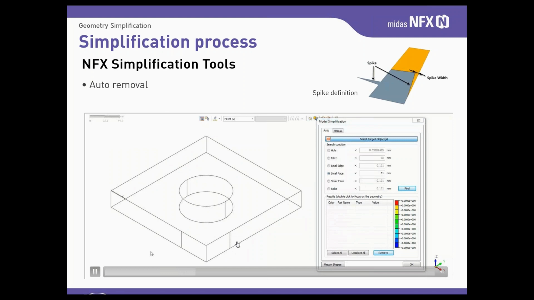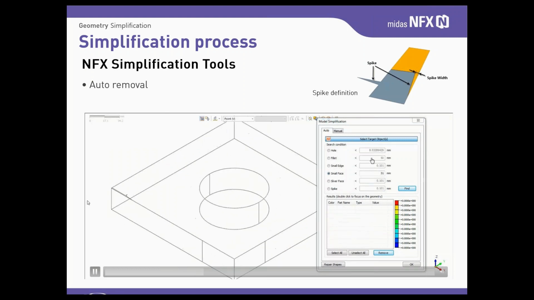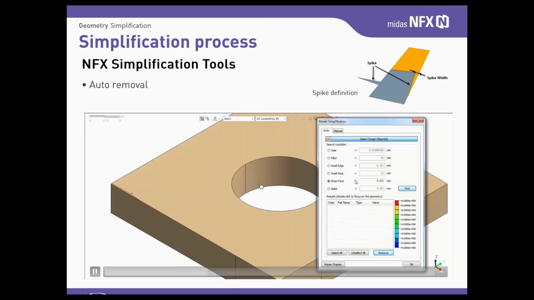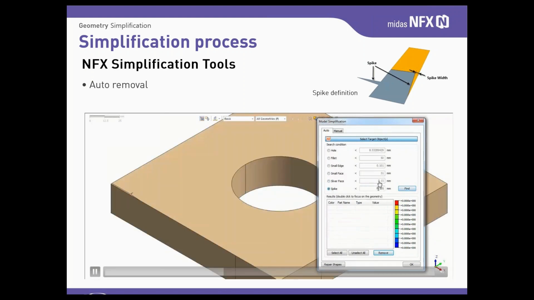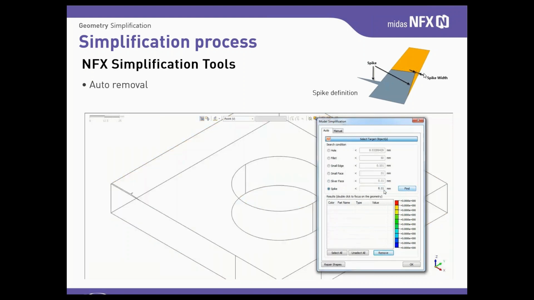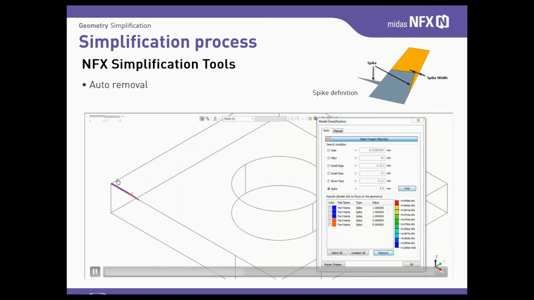And the result right now is 0 because small faces have been removed automatically according to the fillet option. And sliver face, there is no result according to this criterion, but the width of my spike is 1 millimeter. This is why when I type 1.1, I will see several edges.